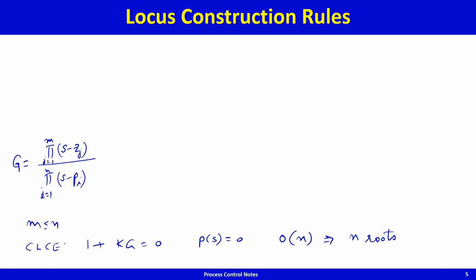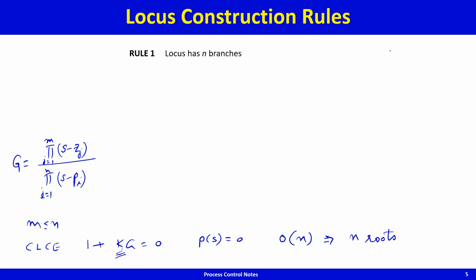Each of these n roots will move as k is changed. So that means there are n root locus branches. So the root locus has n branches.